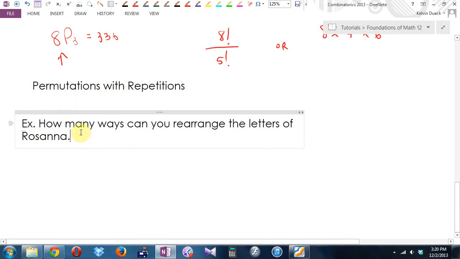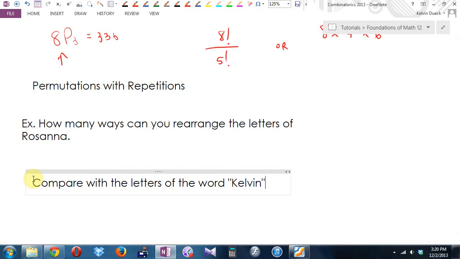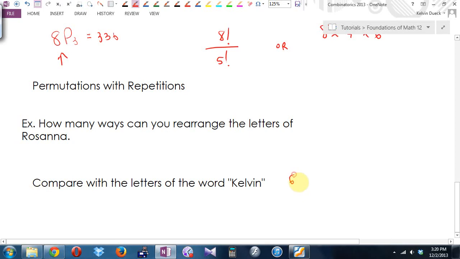You know what? Let's compare that with the letters of the word Kelvin, my name. So in my name, do any letters repeat? No. So this would be just plain old 6 factorial, or it's from 6P6.